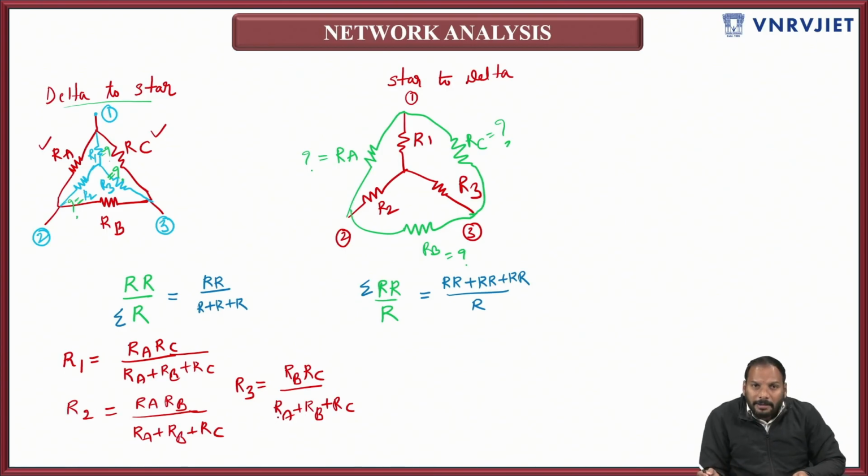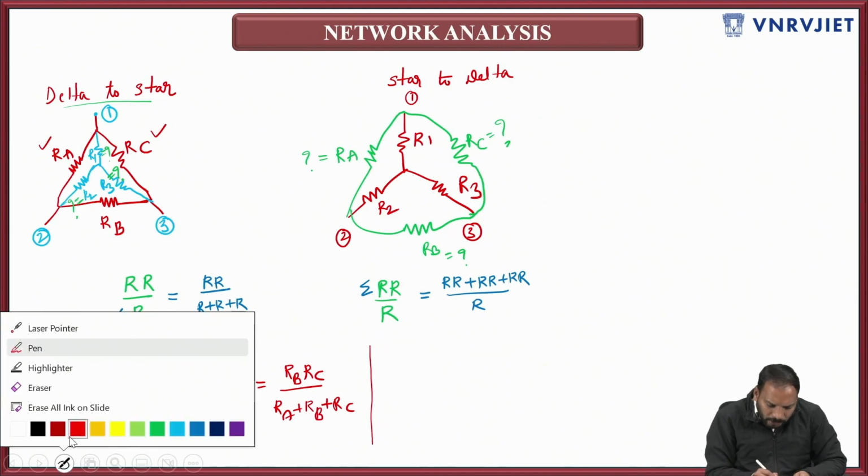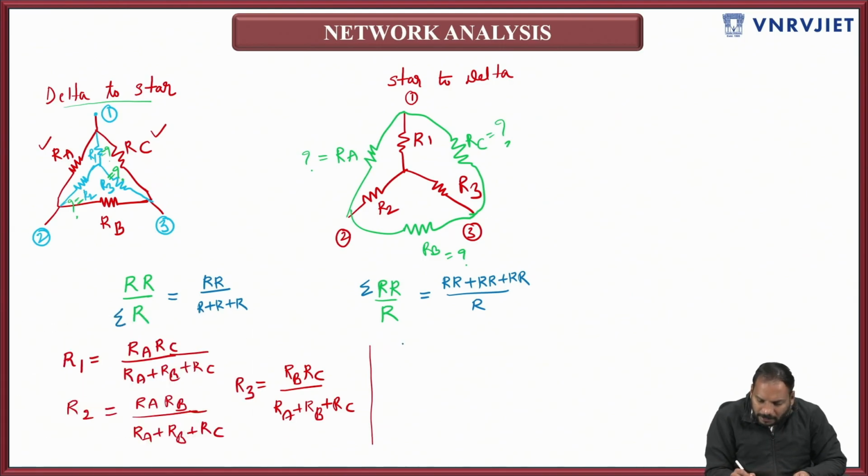Similarly, I will apply the same logic for star to delta. First of all, I need RA in this context. I'll use a different color for clarity. RA is equal to RR plus RR plus RR. The logic is very simple.